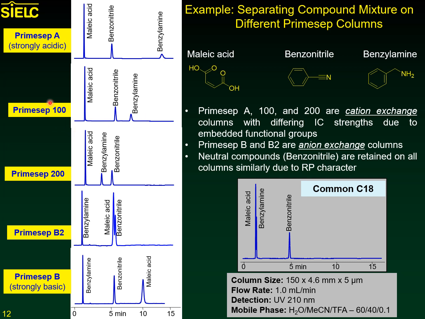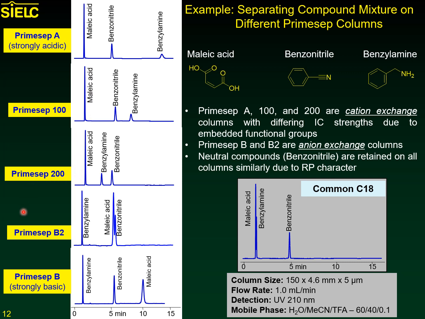And then if one moves to a cation exchange column with even less ion exchange capacity, like the Primesep 200 column, now you'll note that the benzylamine is actually eluting between the maleic acid and the benzonitrile, which have maintained mostly the same retention times throughout all three of the columns covered thus far.